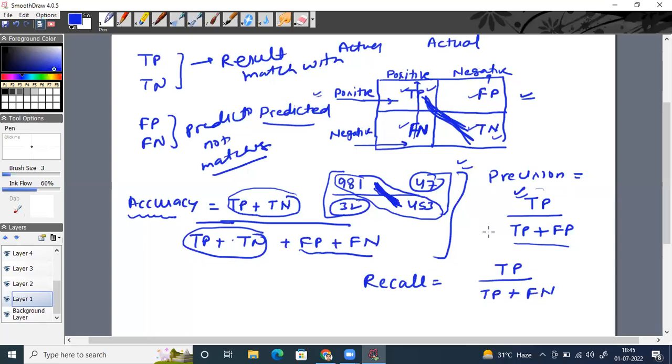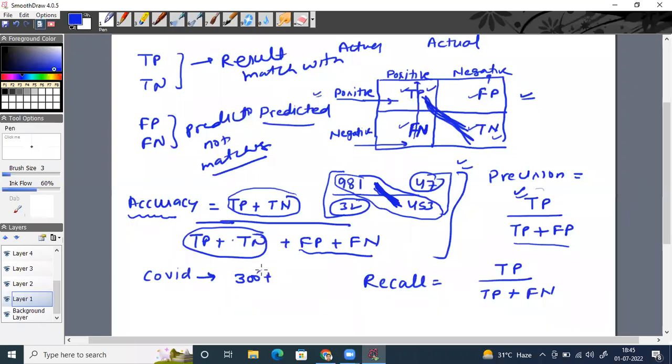So what it is, understand: suppose somebody went for the COVID test. I give the same example, okay? In the COVID test, actually 300 patients were COVID positive. But your model predicted what?